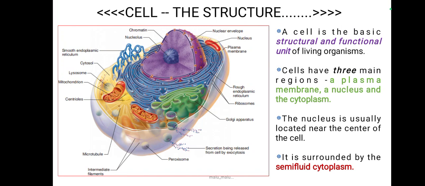Then metabolism: thousands of chemical reactions occur in cells, helping in maintaining life. Protein synthesis: proteins are essential for growth, repair, enzymatic activity, and reproduction. Cells can divide through mitosis or meiosis to ensure growth and reproduction. Communication: cells communicate using chemical signals and receptor proteins.